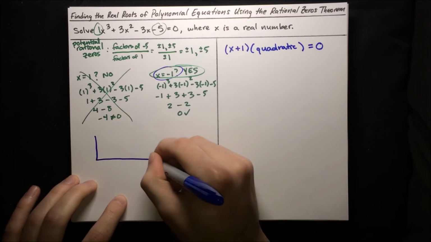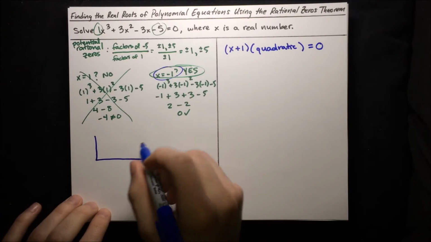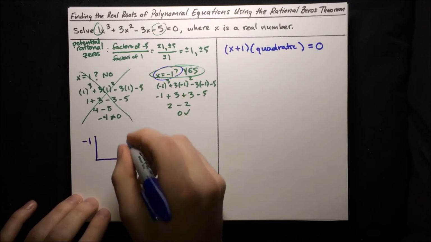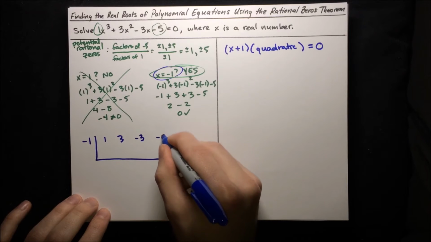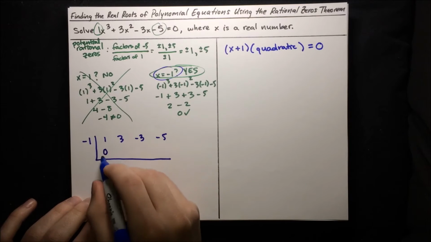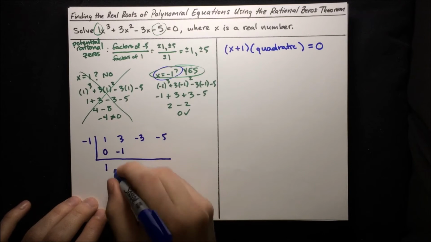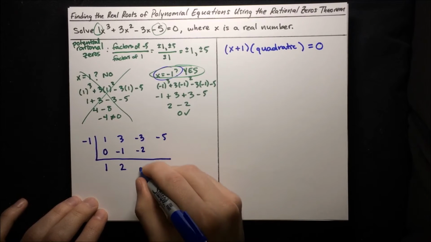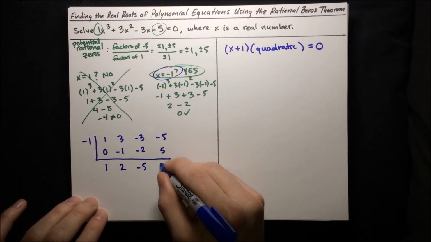We'll set up our synthetic division template and put the 0 of that factor, which is -1, on the top left, then put in the coefficients of the polynomial, 1, 3, -3, -5. Bring down the 1 in the first column, multiply to get -1, add to get 2, multiply to get -2, add to get -5, multiply to get 5, and add to get 0.